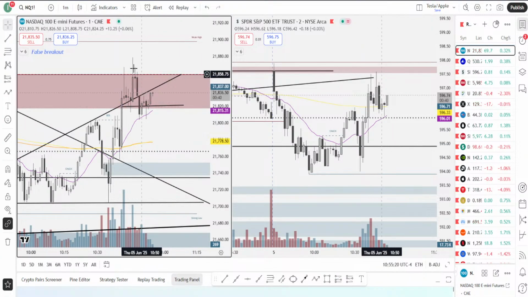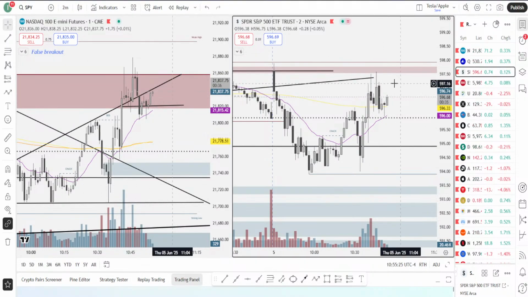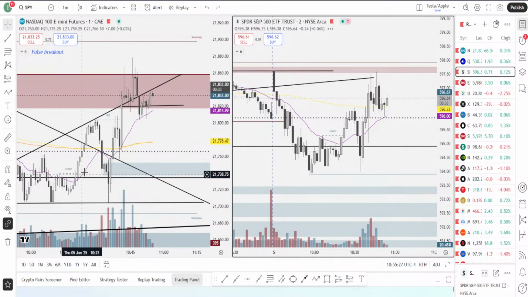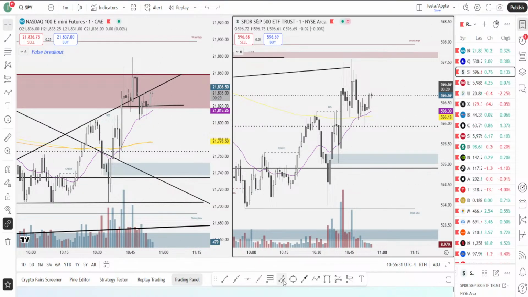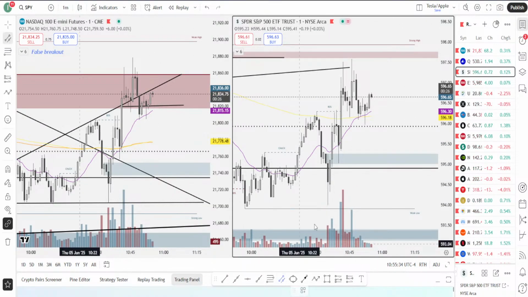Okay, this looks like a bear trap here on the Qs. Same thing here on the SPY. We now have an uptrend.